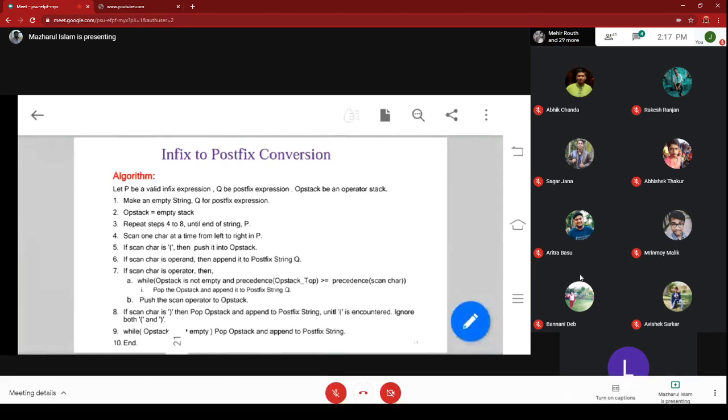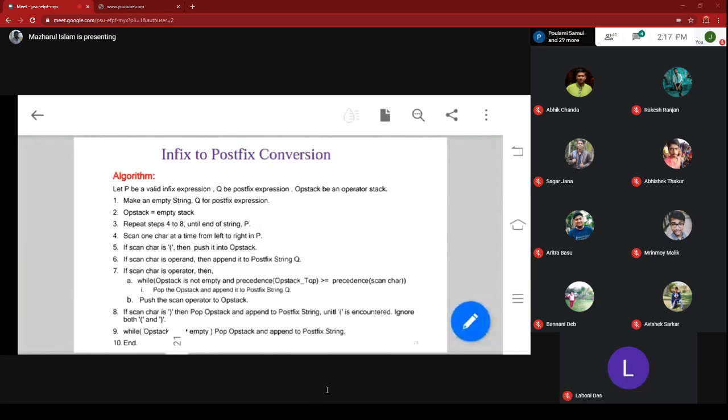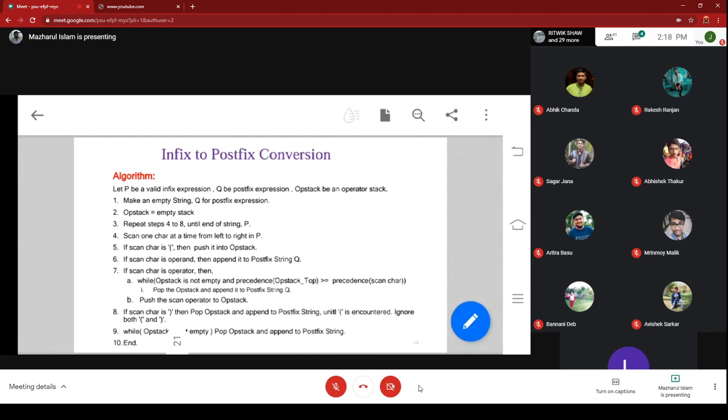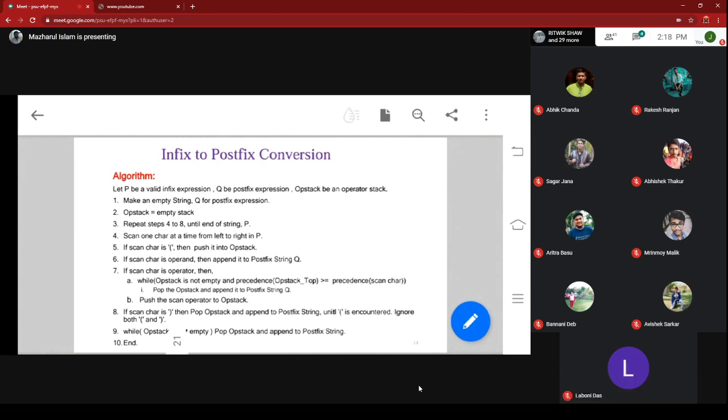Top of the stack is plus. Okay, before multiplication, what was in the stack? Plus. And is the 7A while condition satisfied? No. The precedence of the plus is not greater than or equal to the precedence of the multiplication. It is not satisfied. Am I correct?